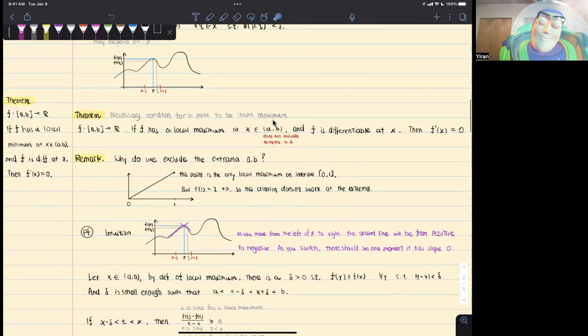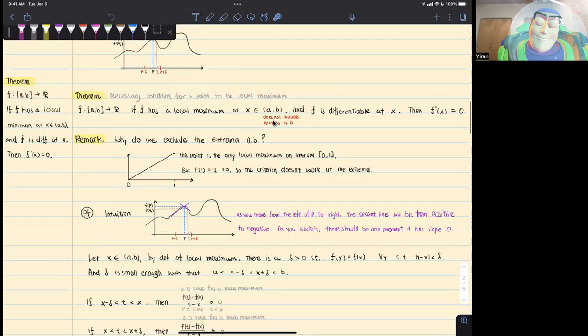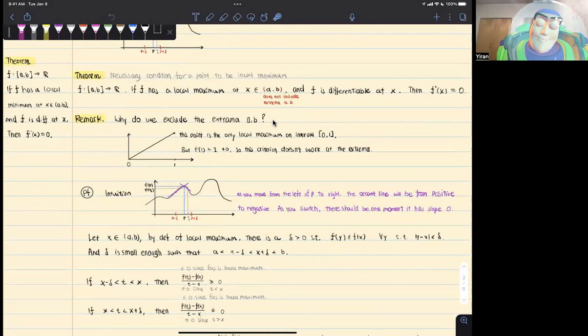First of all, something we should always keep in mind is whether or not we include or exclude the endpoints. Here we don't want to include them, otherwise the statement is not true. Why?